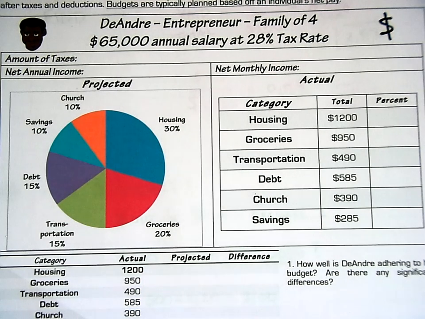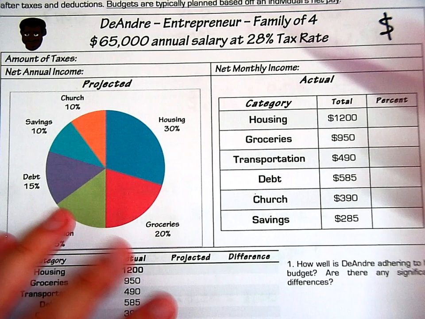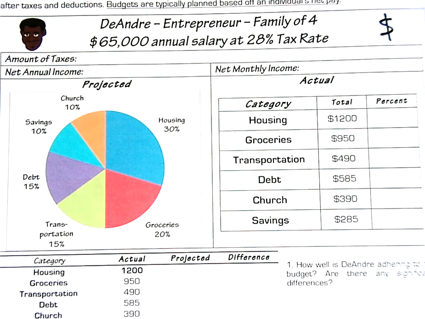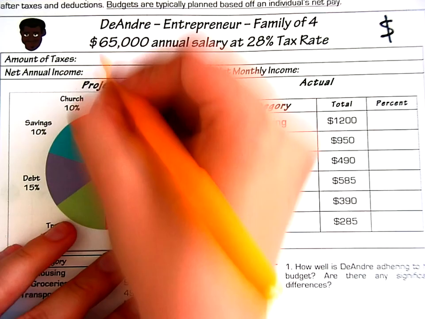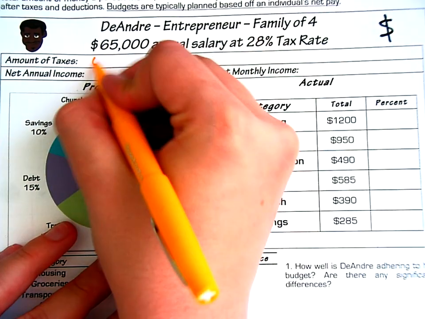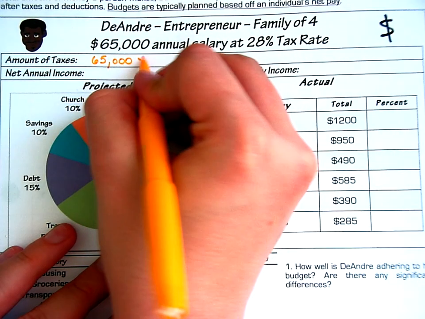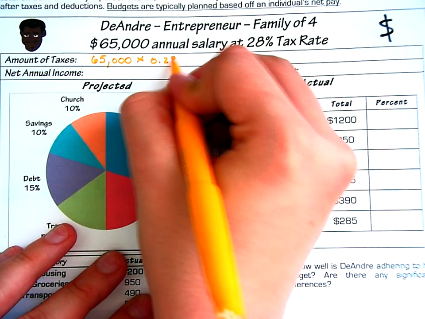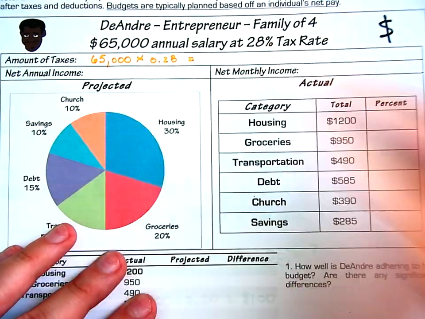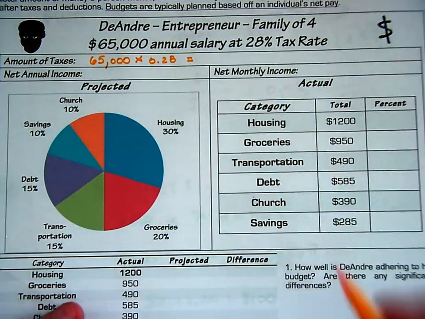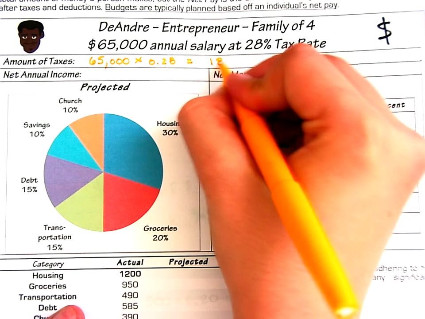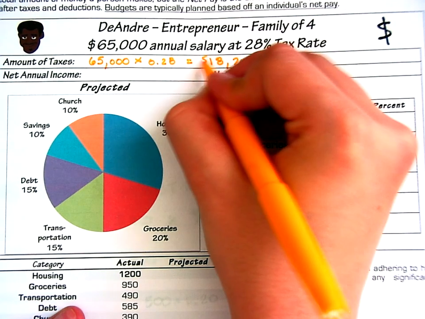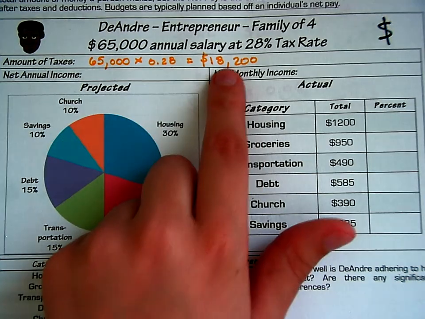I'm going to write my work in here. We're going to find 28% of 65,000, so this is 65,000 times 0.28. Remember to make it a decimal, and that's going to give us our answer. If I multiply that, it gives me 18,200. So this guy pays $18,200 in taxes.